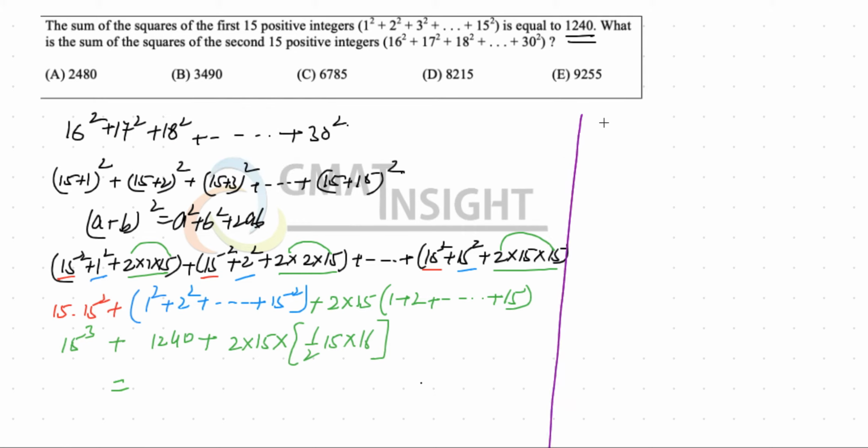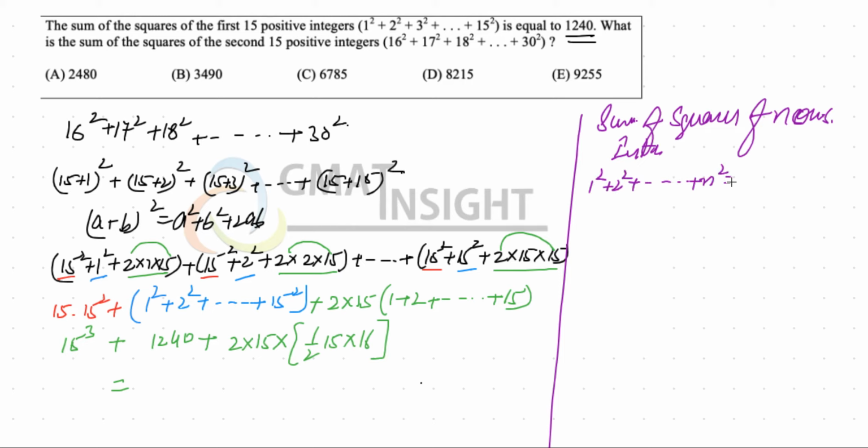The second method is knowing a property. The property is the sum of squares of n consecutive integers. This property says that 1 square plus 2 square plus up to n square can be given by 1 upon 6 n times (n plus 1) times (2n plus 1).